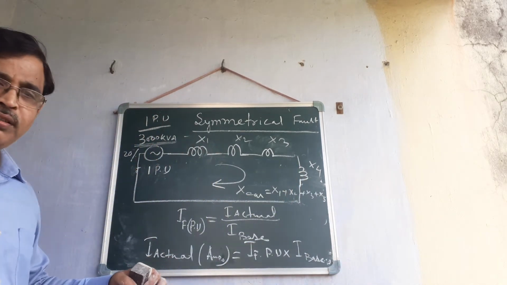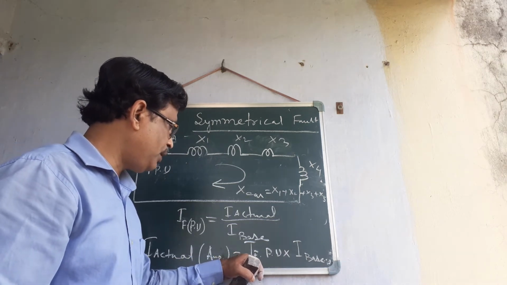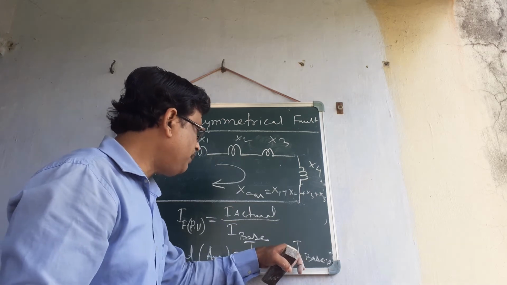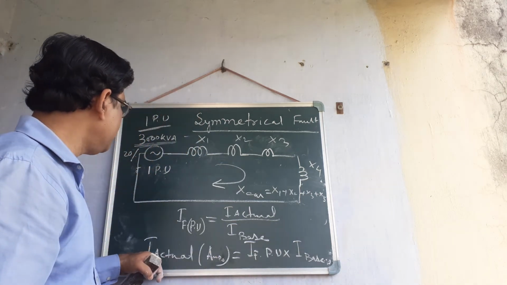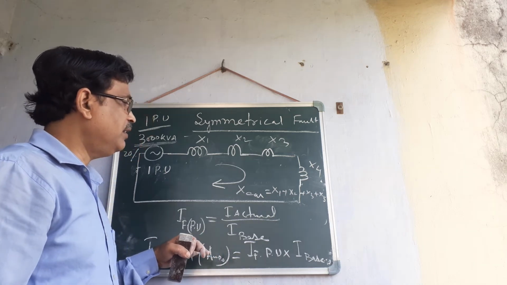I base is also already derived. So I fault per unit, which is obtained through these, multiplied by I base, and we will get I actual in amps, and it is our desire.